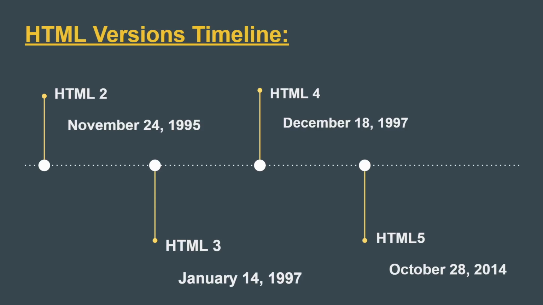For example, HTML3 has some differences from HTML4 because the W3 organization made some new things in HTML4 that make your work easier. It deleted some things from HTML3 and added new things to HTML4 and HTML5. This is the difference between the versions, that they make HTML better and better.